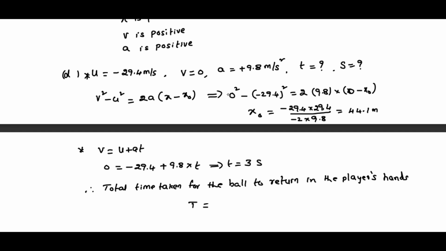So that is equal to time of ascent plus time of descent. How much time it takes to reach the maximum height, the same time it takes to return to the player's hand. So 3 plus 3, that is 6 seconds. So this is the answer. Here for position, that is 44.1 meter height.